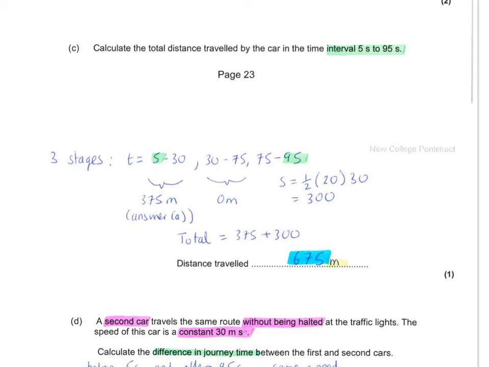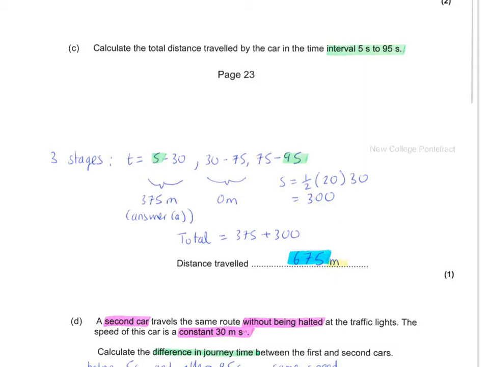Then there was a middle stage where the car wasn't moving, and a final stage ending at 95 where the car was accelerating. Now we've actually already worked out in part A the distance travelled whilst decelerating. So we just need to add the distance travelled whilst accelerating in the final stage.